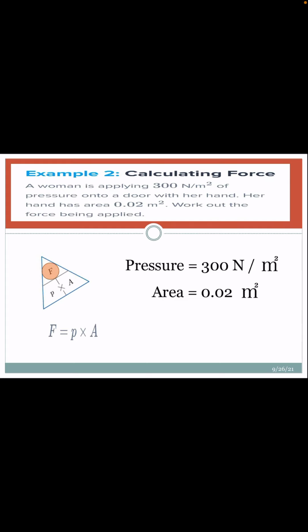So, cover it up and we get P multiplied by A, that is F is equal to P into A. In this example, P is equal to 300 newton per meter square, and the area is 0.02 meter square. The force will be 300 multiplied by 0.02, and it will be 6 newton.